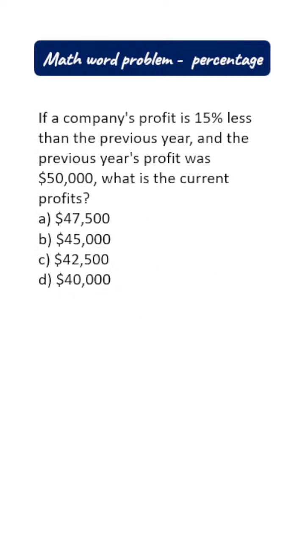If the company's profit is 15% less than the previous year, and the previous year's profit was $50,000, what is the current profit? So the previous year's profit is $50,000, and this year's profit is 15% lesser. So let's find 15%, and then we'll remove it from $50,000.